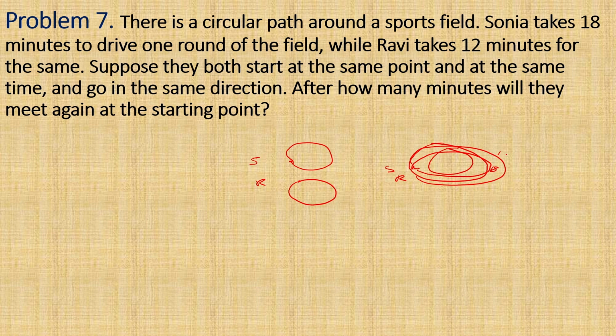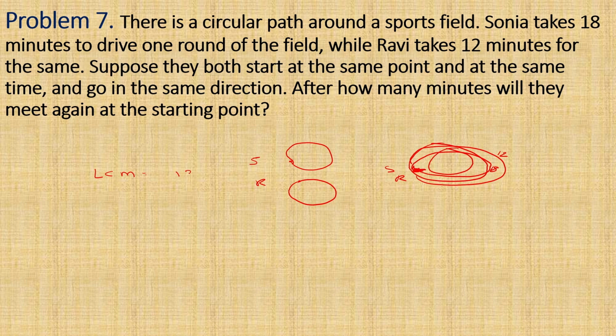So they started at the same point, then after how many minutes will they once again come to the same point? For this type of calculation, we simply need to write the LCM, because of least common multiple. Least common multiple means, if they start at the starting point, what is the next common multiple of 12 and 18? They will meet again at that point only.